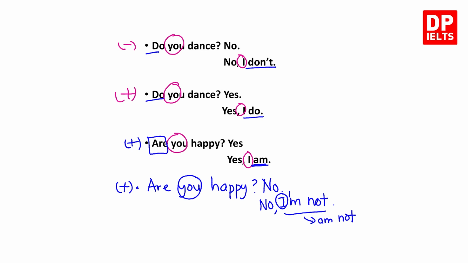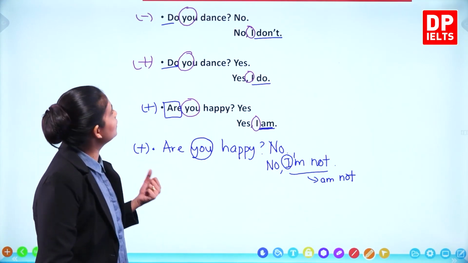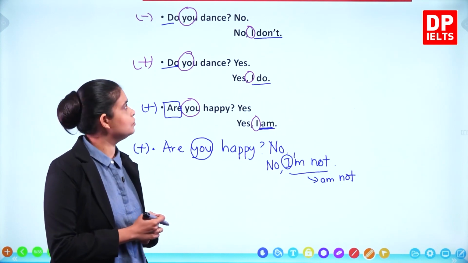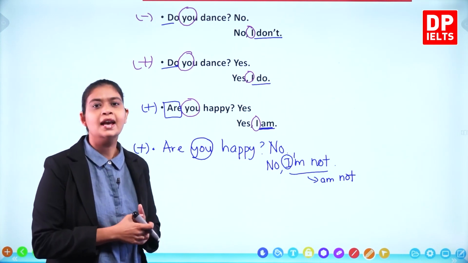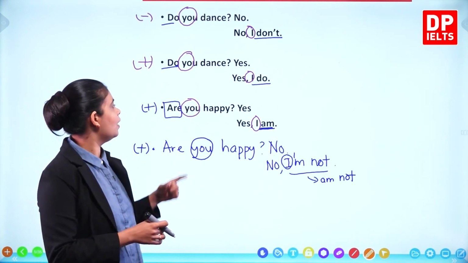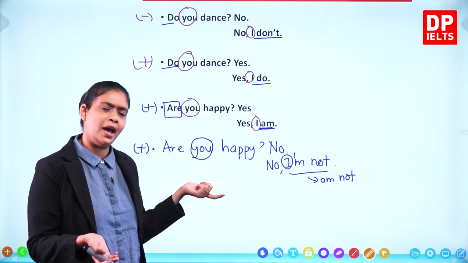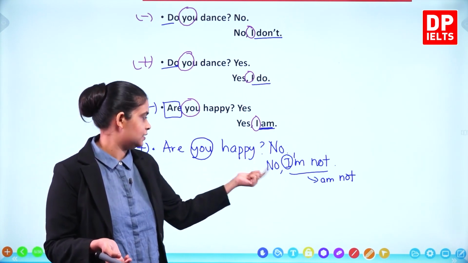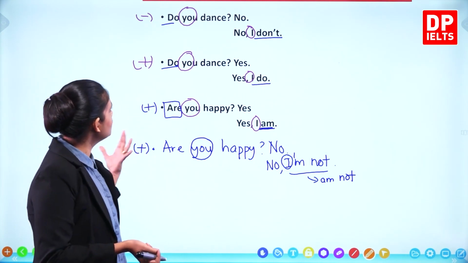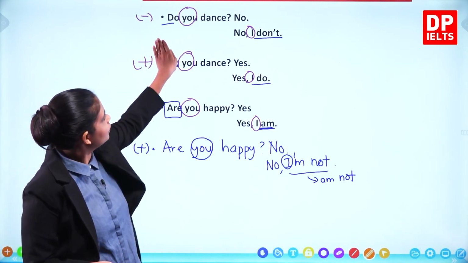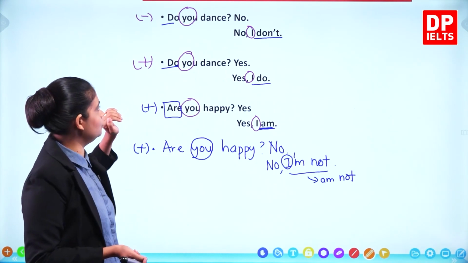No, I'm not. Let's have a look at the question tags again. Do you dance? No, I don't. Do you dance? Yes, I do. Are you happy? Yes, I am. Are you happy? No, I'm not. Okay. So here you can see that do negative becomes don't.